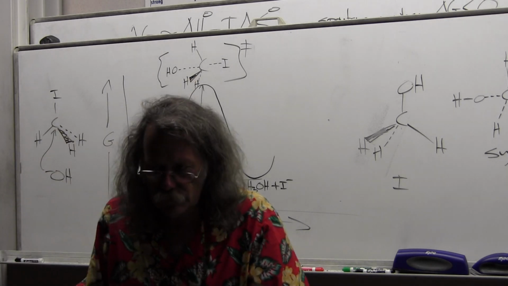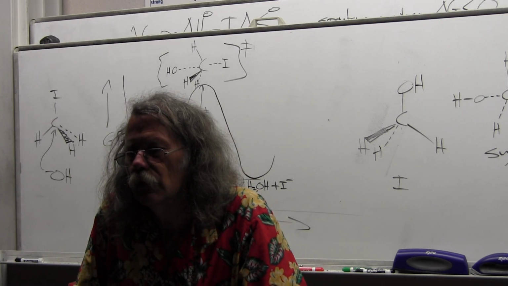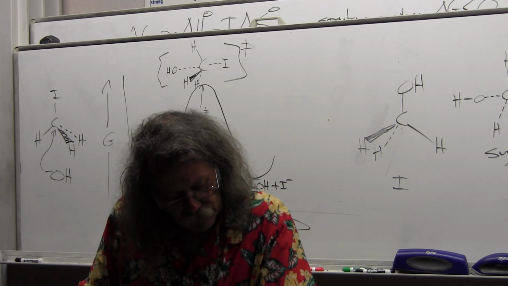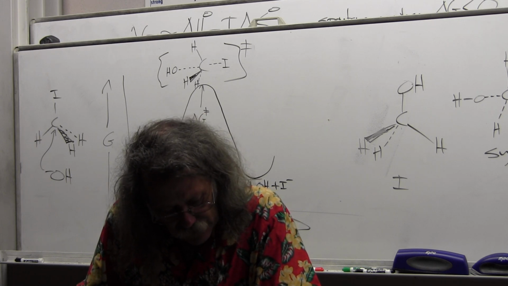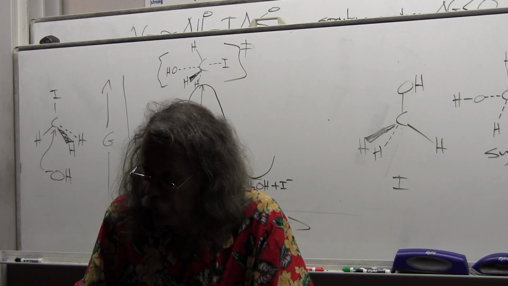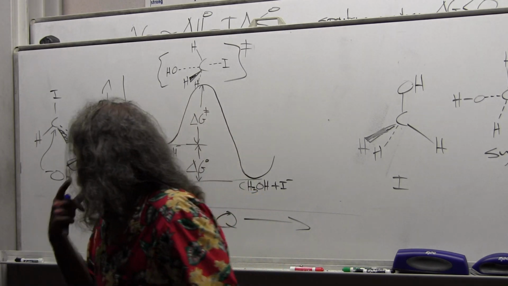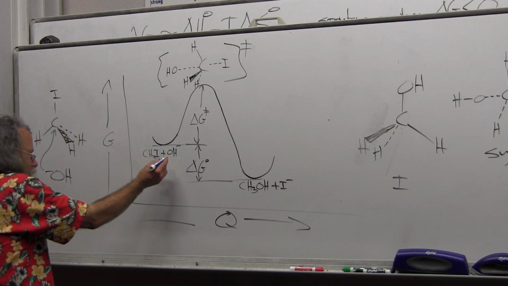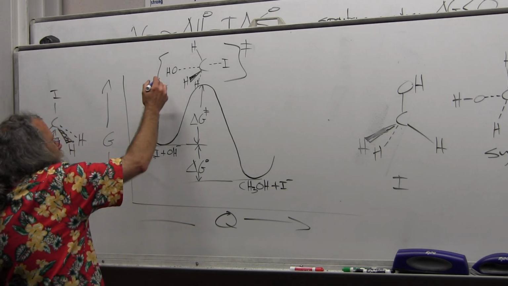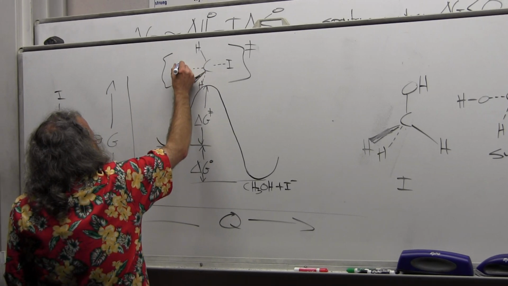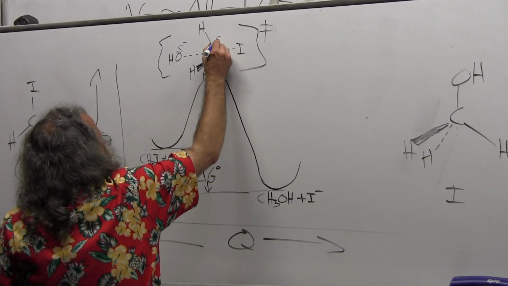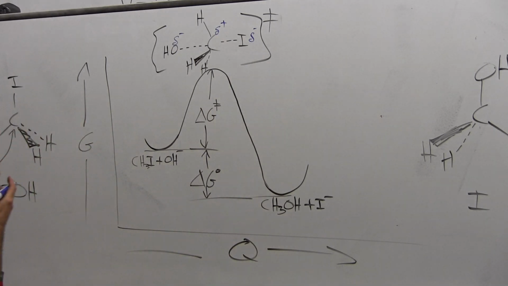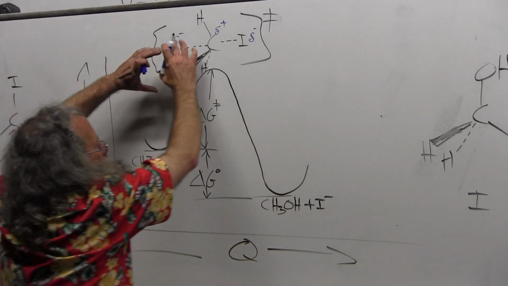Letters C and D, are they going to be taken off? For the final we'll take out C, but what effect would increasing the polarity of the solvent have on the rate of the reaction? That's still in there. Let's look at this. I've got this charged material, a partial minus here, a partial positive there, and a partial minus here. But look at that charge. It's all spread out.